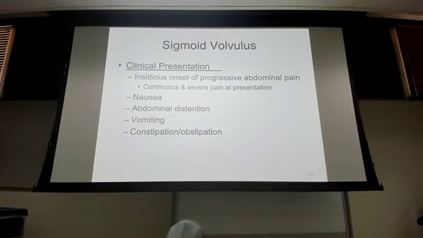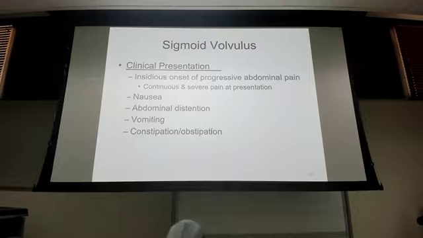Our signs and symptoms of this mechanical obstruction now, right? Progressive, insidious onset, progressive abdominal pain. Then it's going to get continuous and severe. Severe abdominal pain. Once again, constipation, obstipation. So it's sounding a lot like our small bowel obstruction, whereas the pseudo sounded like our paralytic ileus.